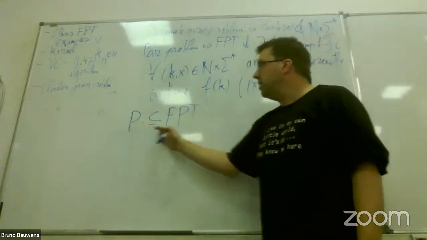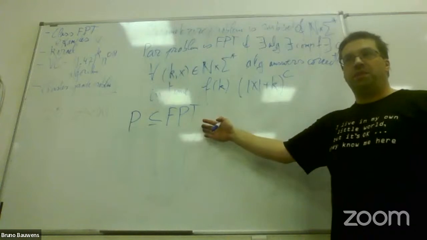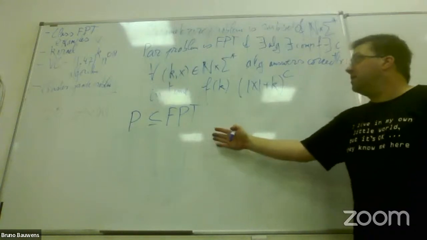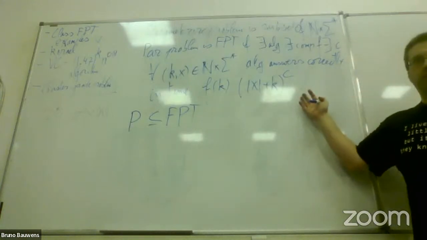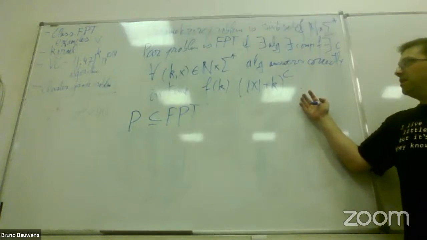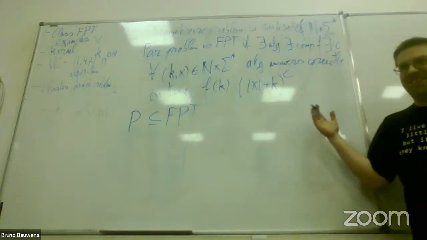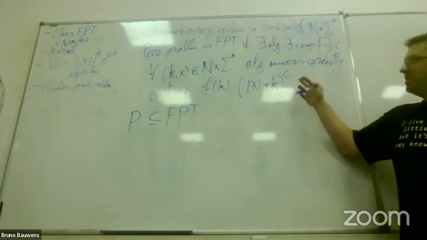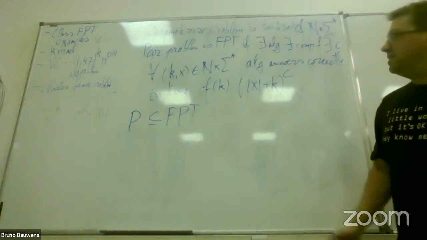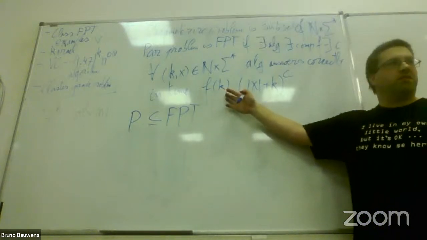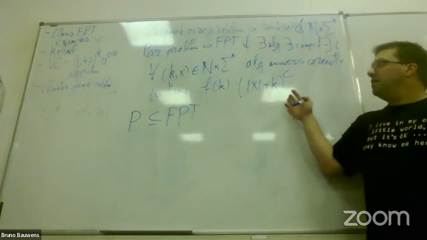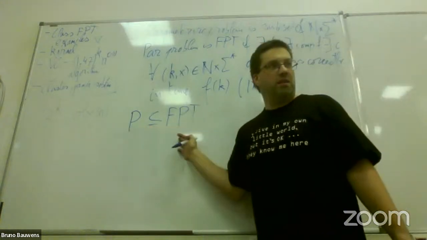And then I claim that P is a subset of FPT. The reason is that there exists a polynomial time algorithm. Let's say that K is at least 1, to exclude the special case 0, and then f of K can be some constant times this. So this is clear, right?